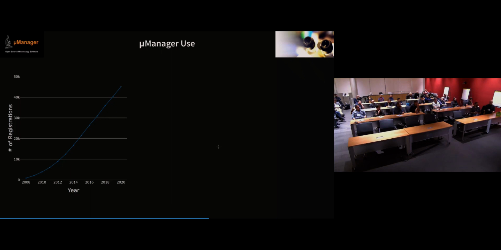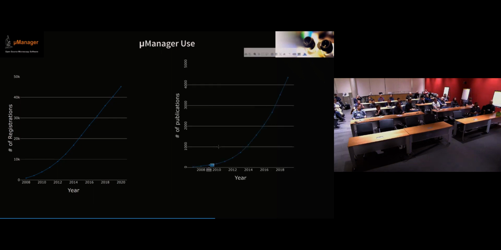That number continues to grow pretty linearly at the moment. We're also tracking in Google Scholar how many articles are mentioning Micromanager, because a lot of people don't cite it, but they do mention that they use it. That is currently somewhere over 4,000.